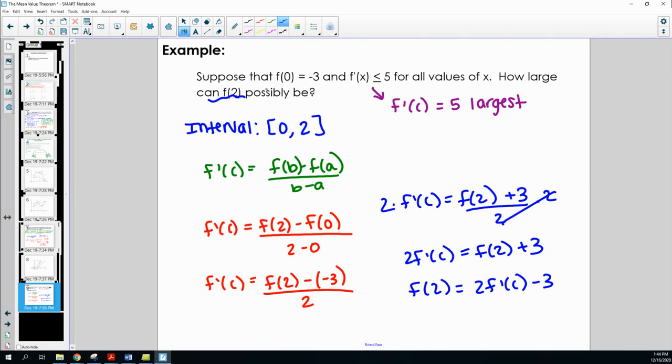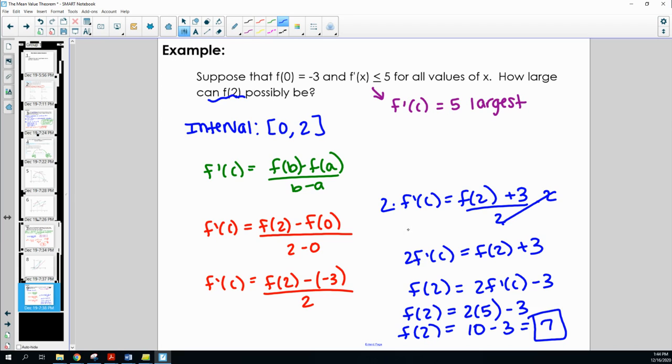So since we're dealing with how large f of 2 can possibly be, we can plug in 5 for f prime of c. So f of 2 is equal to 2 times 5, and then minus 3. So we're going to get f of 2 is equal to 10 minus 3, which is 7.